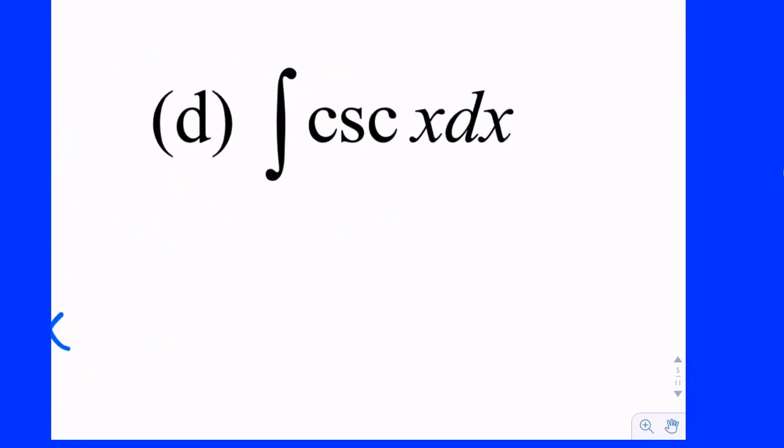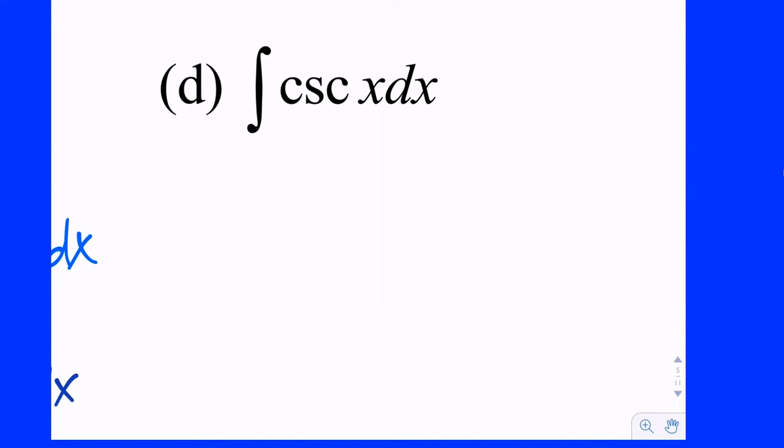All right, so having said that, maybe you can anticipate what the antiderivative of cosecant of x is without having to derive it in a very similar fashion. What's the derivative of cosecant? Negative cosecant cotangent.